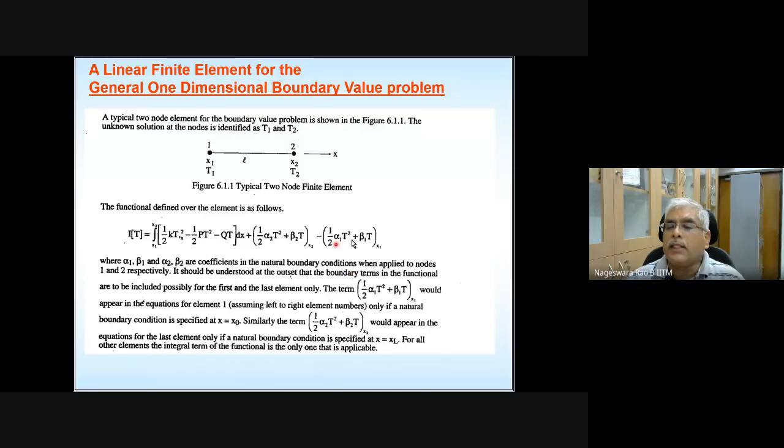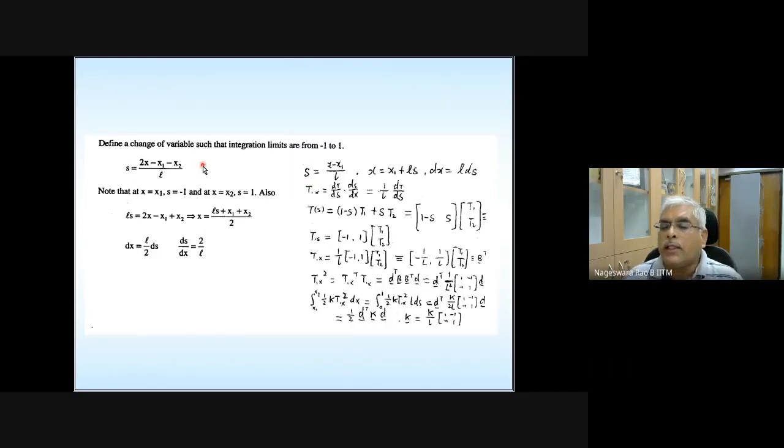So now let's see this one. For this kind of element, you know the element shape functions. If you had solved the assignment problems, you know the element shape functions, all that is recapped here. What is the relation between the local coordinate system, the s coordinate system, and the global x coordinate system?